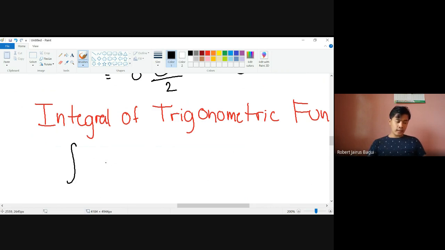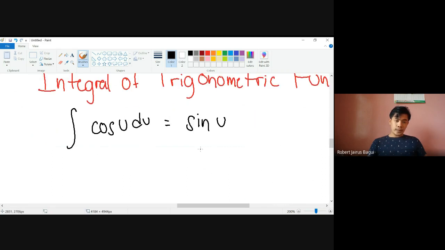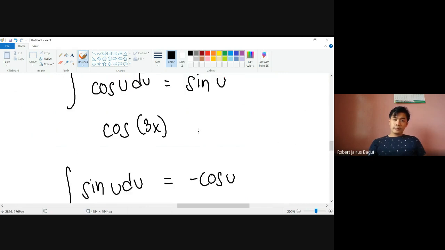So, integral ng cosine u du, that would be sine u. So, for example, let's say meron tayong integral ng cosine 3x dx.